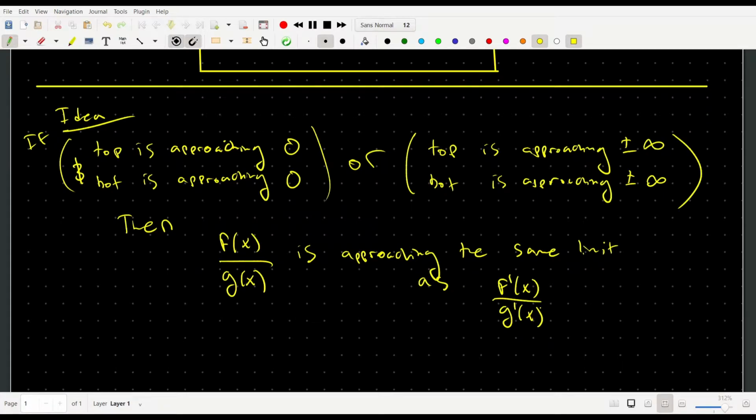And that's exactly what this theorem is saying, and it's essentially how we use it whenever we directly apply L'Hopital's rule.